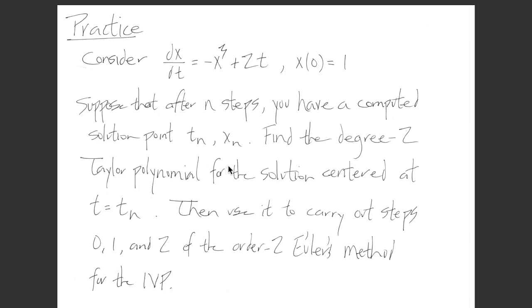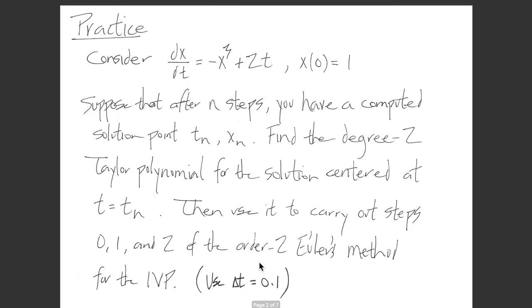So the essential step there is finding the form of the Taylor polynomial that you use as you step through the problem. And then we wanted to go ahead and step through the first two or three steps of the problem here. One thing I forgot to mention is the step size, but we'll just use the same value we've been using up to now, that delta t of 0.1. So let's see what that involves.